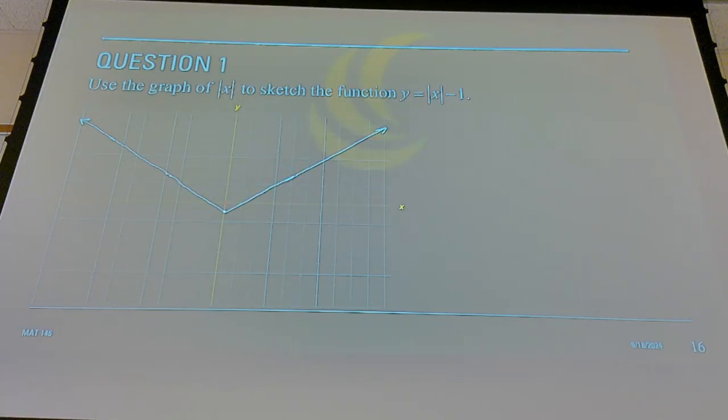I'm just a perfectionist. That red is the original function.